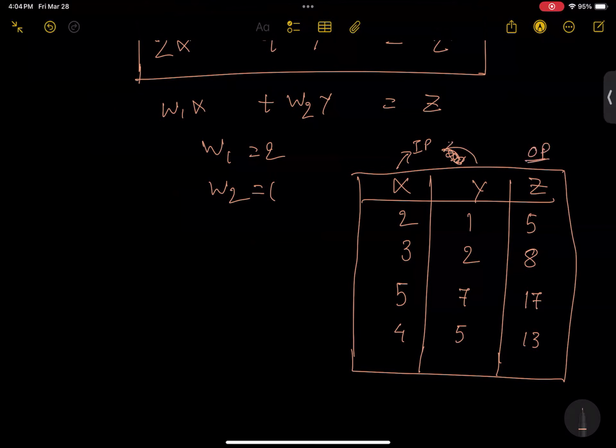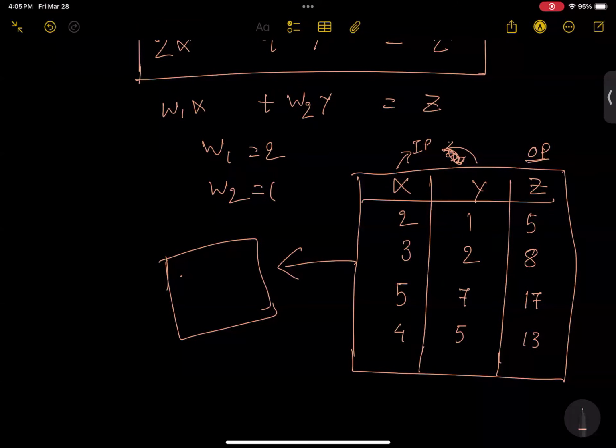I feed this whole thing to a machine. What the machine does is try to find a pattern, and the pattern it gets is in the form of this, which is called weights identification.